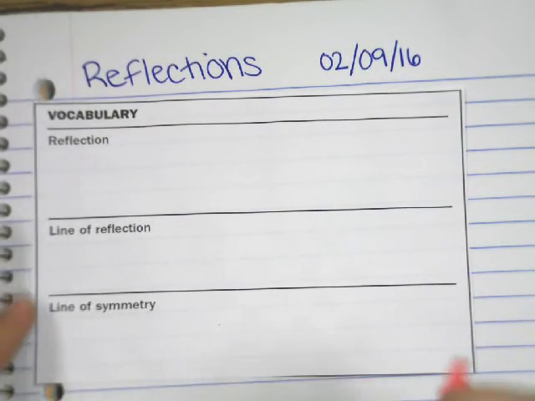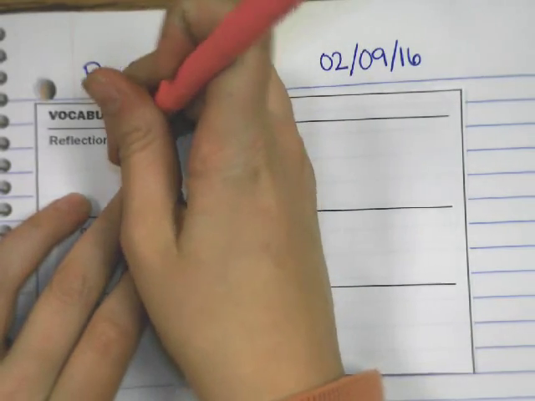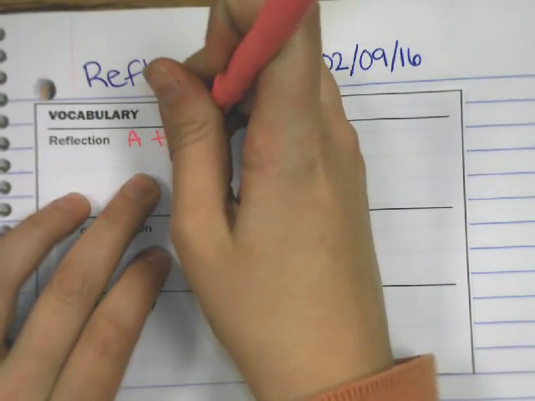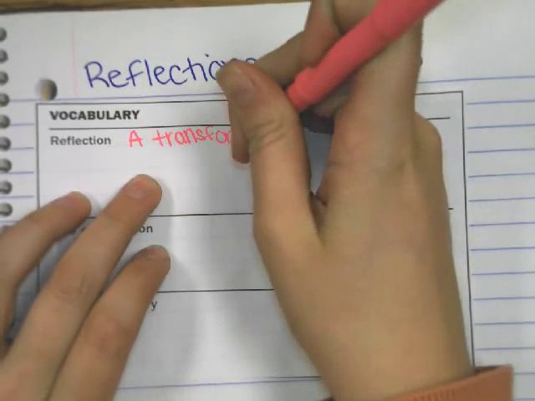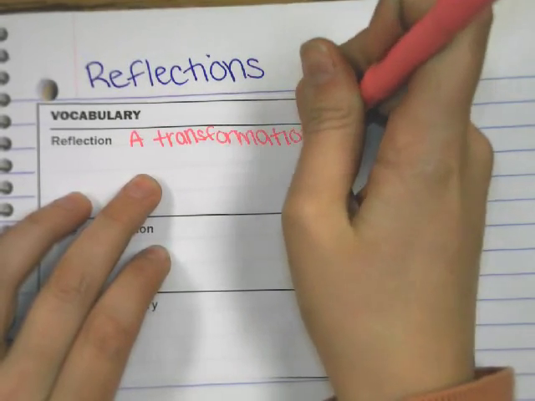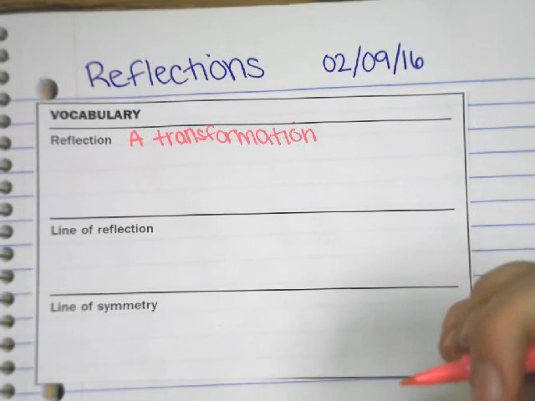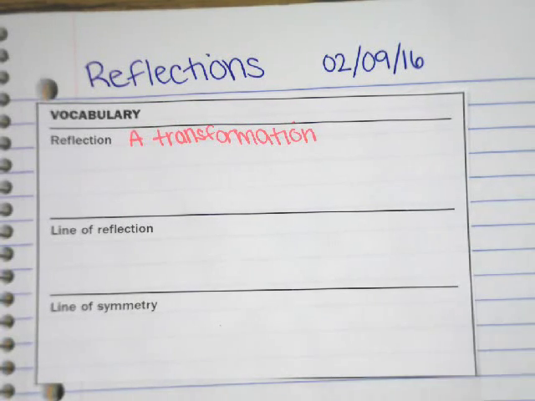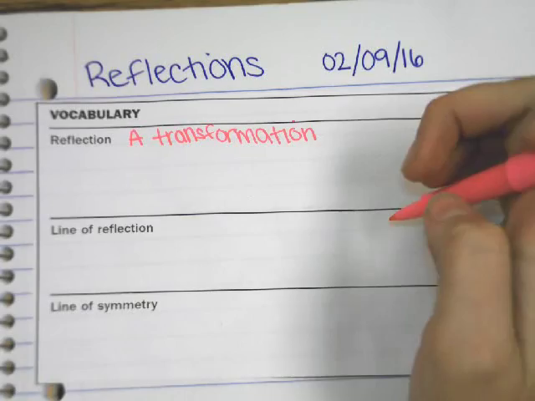Okay, so a reflection. A reflection is a transformation. The word transformation means we just take a figure and we do something to it. We transform it. We change it.